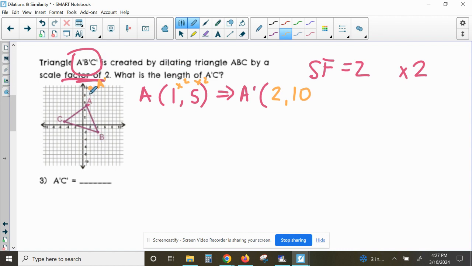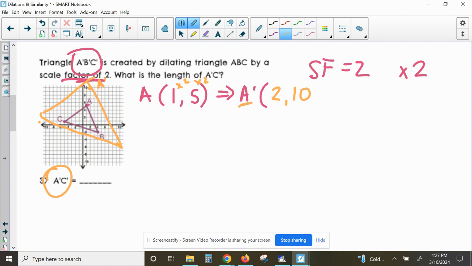So it's going to be twice as far, assuming that's a 10. I can't really read the numbers on this graph. It's blurry. So really, our triangle, after we do our points, is going to look something like this, twice as big, right? Now, we can do all of our points and then we want to find the length of A prime C prime.